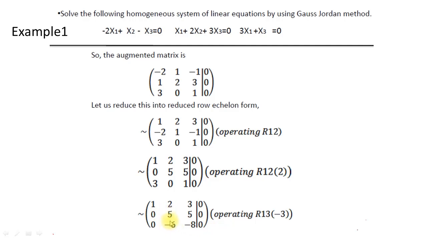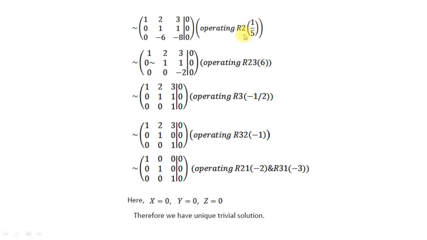Now to make this number 0, first we need 1 at this position. To make this number 1, multiply the second row by 1/5, and you see here this is the operation.